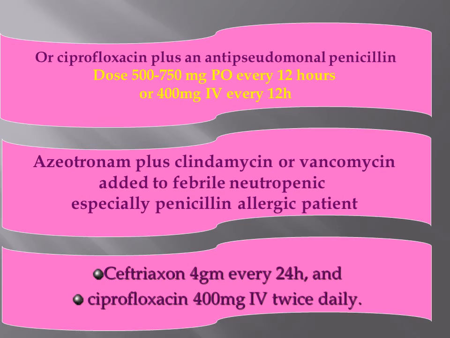Aztreonam plus clindamycin or vancomycin added to febrile neutropenic patients, especially penicillin allergic patients. And lastly, ceftriaxone 5 gram every 24 hours with ciprofloxacin 500 mg IV every 12 hours.